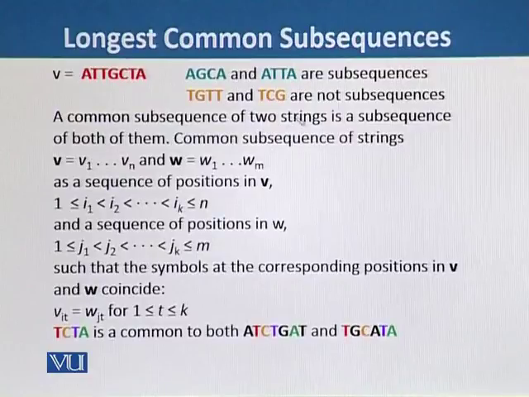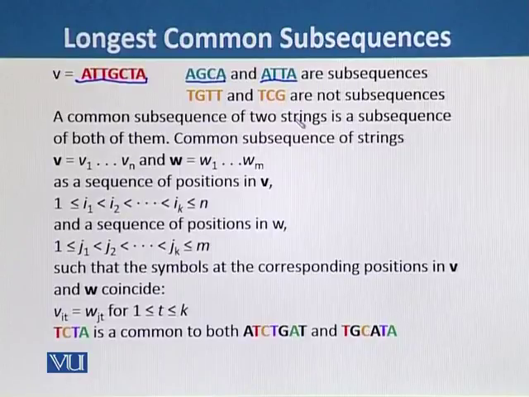So if we have a string V with the sequence ATTGCTA, then AGCA and ATTA are subsequences.